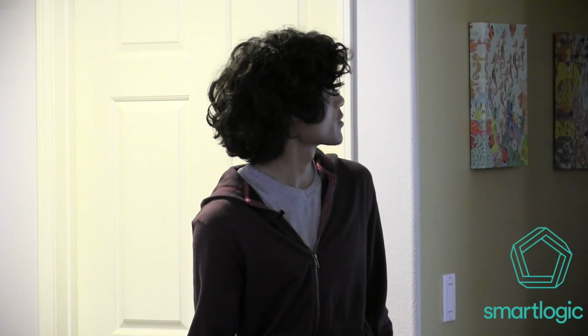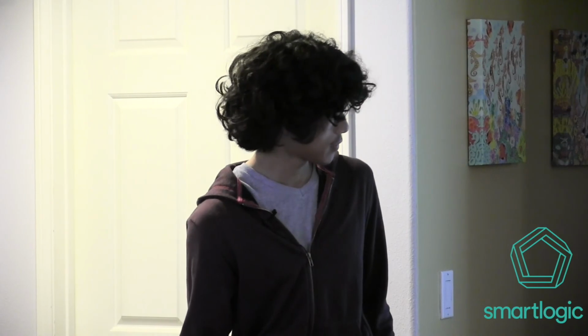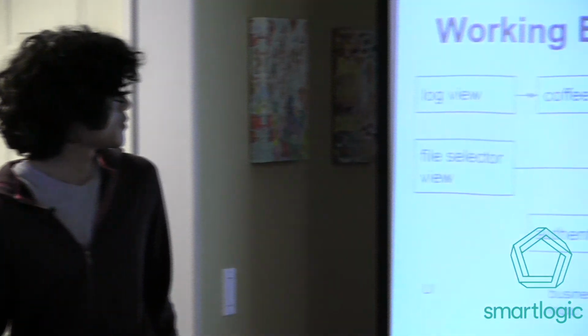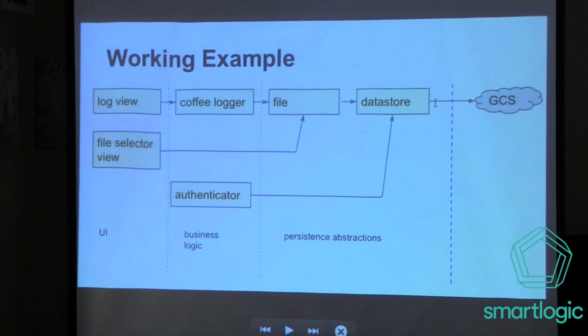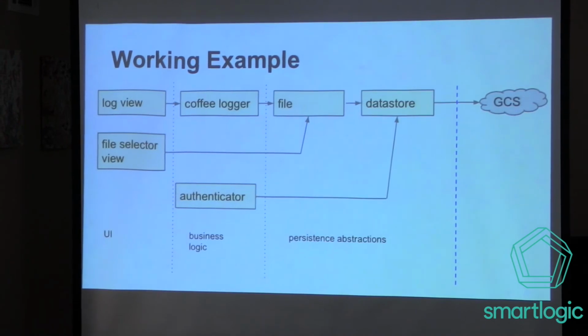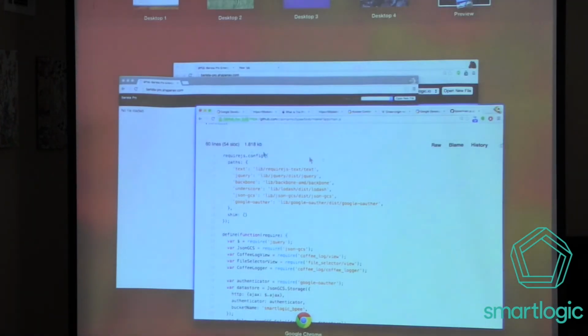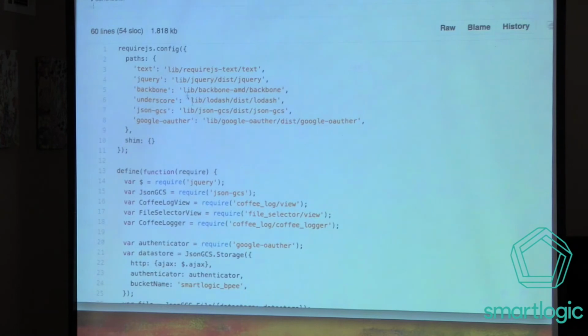So I guess if I pull up the diagram, these two layers I factored out into JavaScript libraries: JSON GCS, and the authenticator too, also Google OAuth.